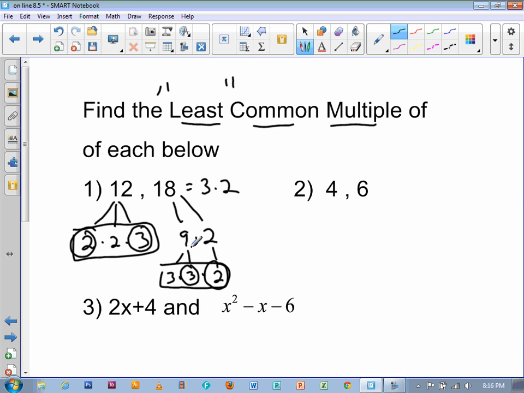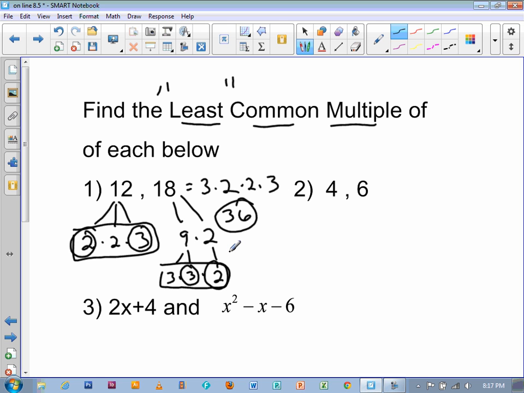And then what I call the numbers that are not circled are leftovers. You bring those up into your problem. Another 2 and a 3. And if you multiply 3 times 2, you get 6, times 6 is 36. That is the process by which you find the LCM, or least common multiple.